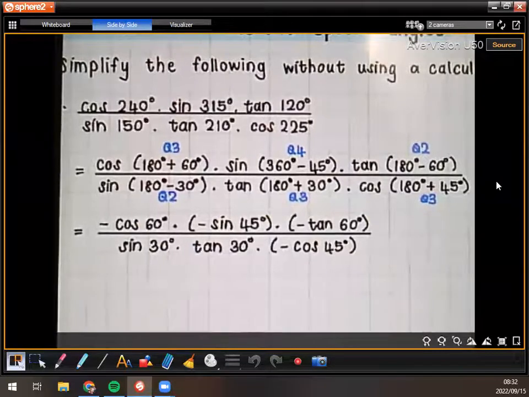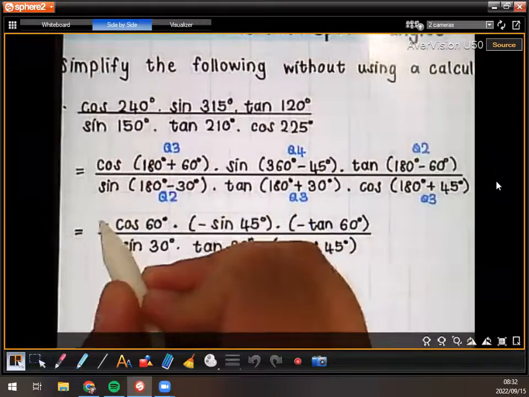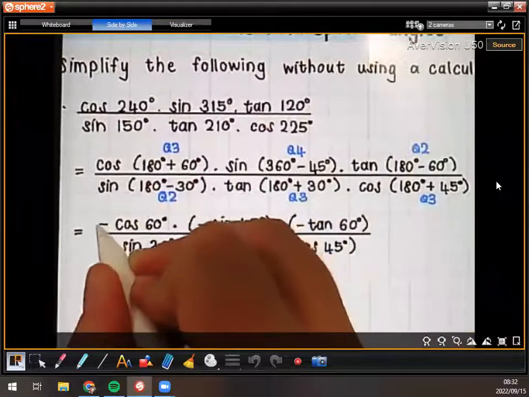And at this point, if you had any of the same ratios at the top and the bottom, you could cancel them off. Say we had a cos 60 at the top and a cos 60 at the bottom, you would be allowed to cancel those off, right? Before having to actually find what those values are. Let's look at all the minuses. Can I cancel any of these out? Negative times a negative is a positive.